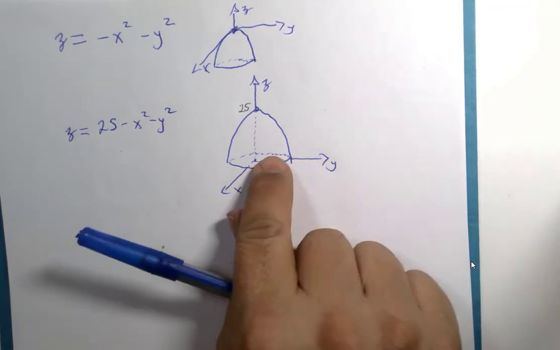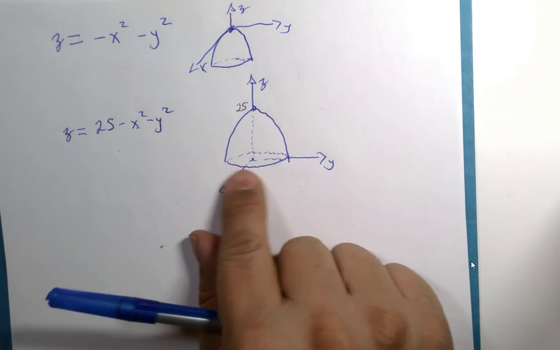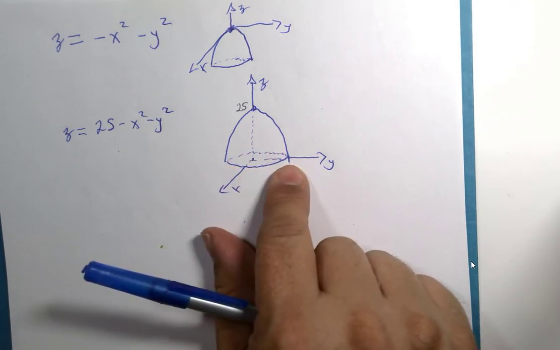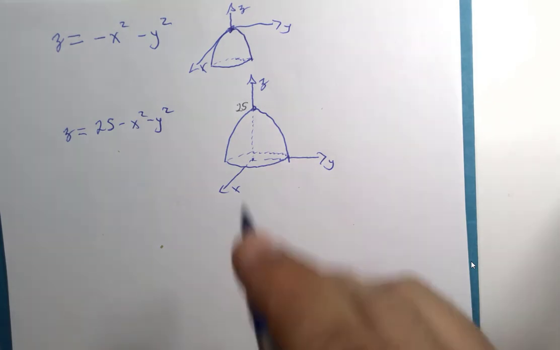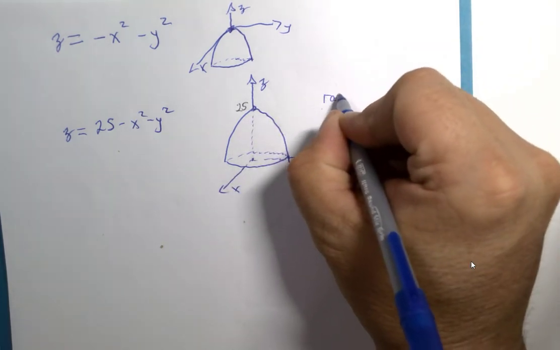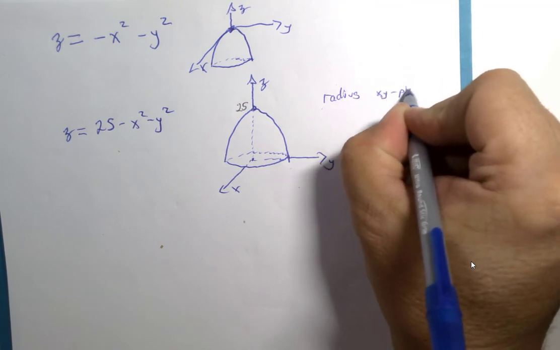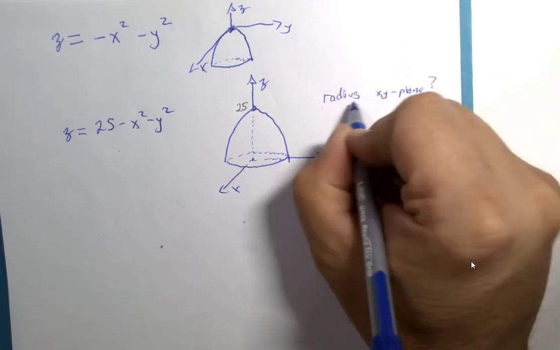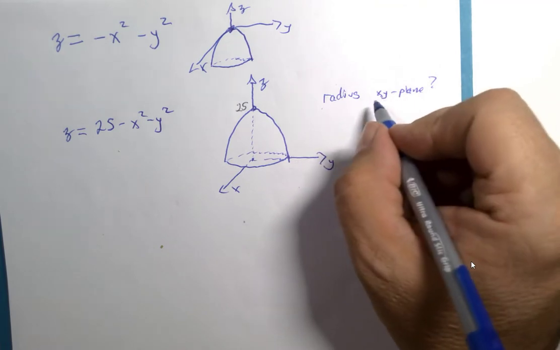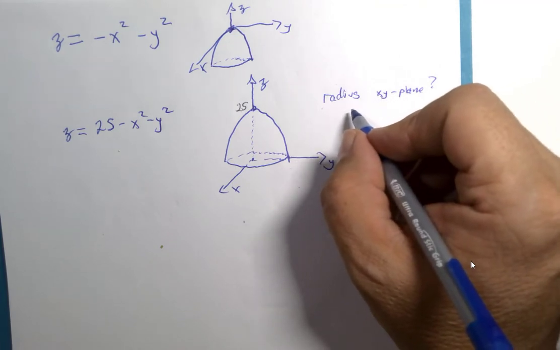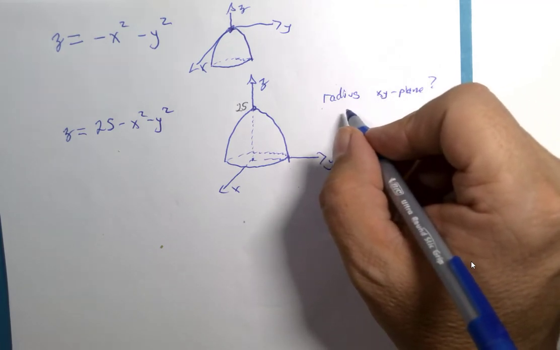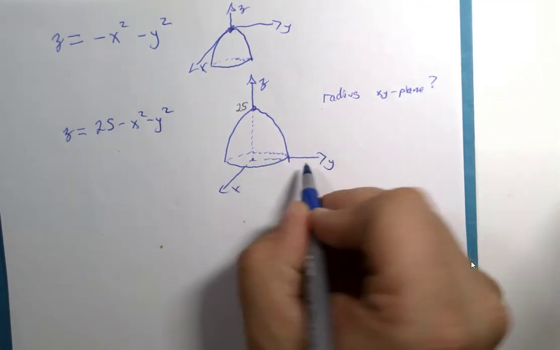And we already know that it has circle cross sections, but I wonder how big that circle is. So what is the radius on the xy plane? So that's not a full sentence in writing in English, but the thought is there. It's kind of like those are the key phrases. What's the radius right here?